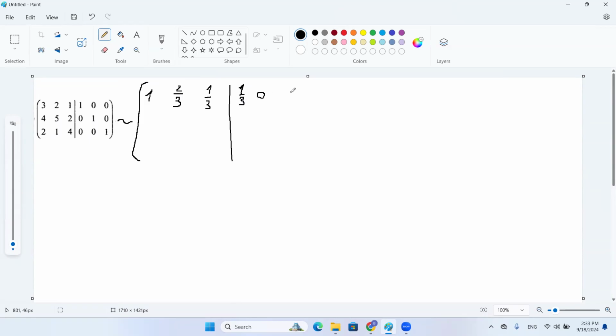Here just zeros. Here I need to achieve zeros. The calculation will not be convenient because of fractions, but let's do it. Here we have 0, and we need to multiply the first row, what we already have, by -4 and subtract from this one.